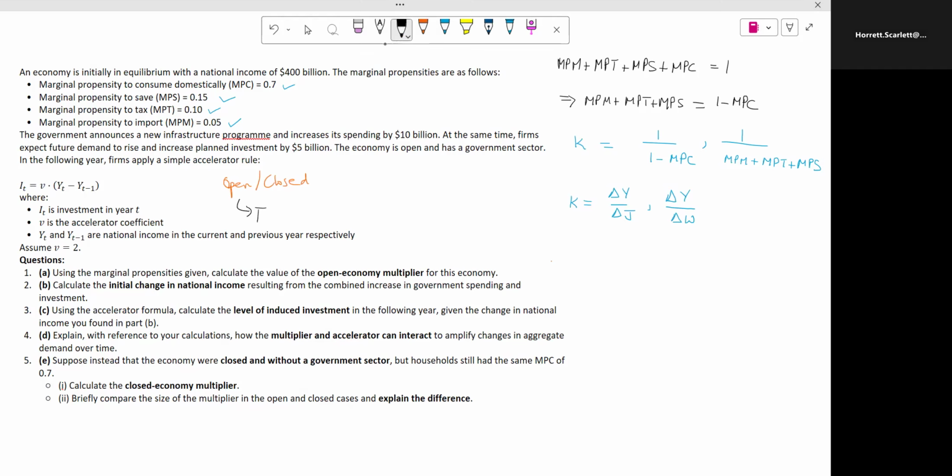So trade occurs with external partners. Now, in terms of closed, remember that the basic interplay takes place between households and firms. So we call that one sector.